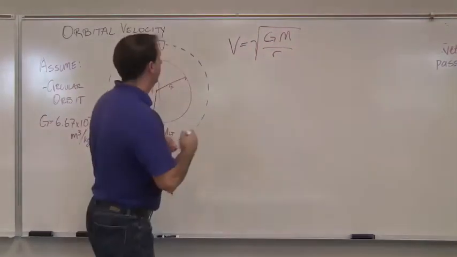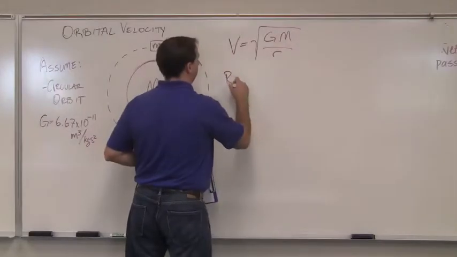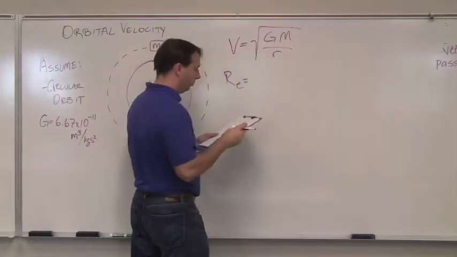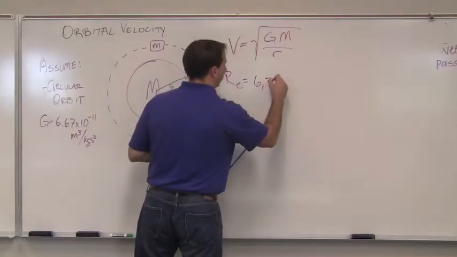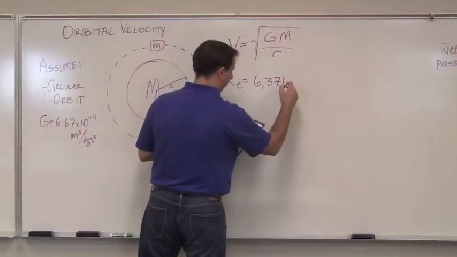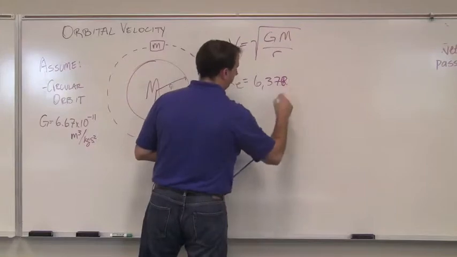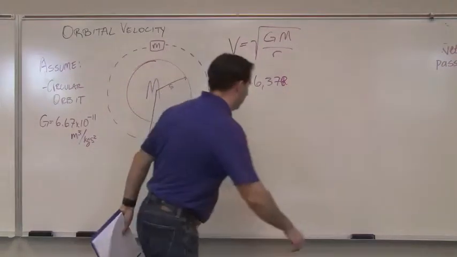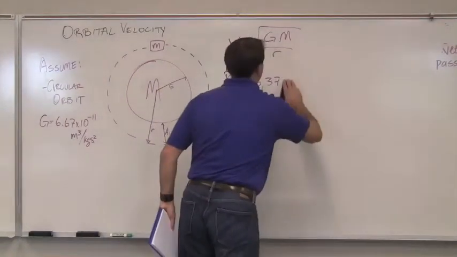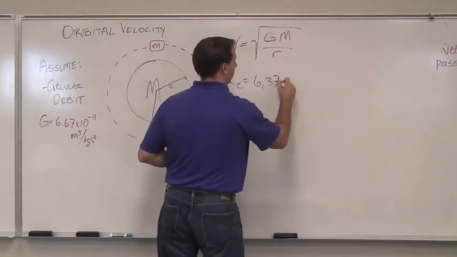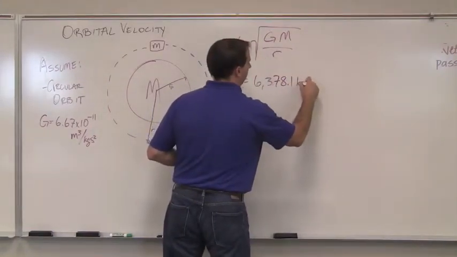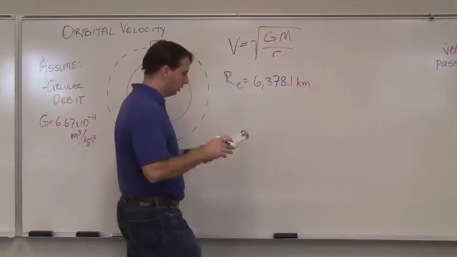So the radius of Earth equals 6,378.1 kilometers.